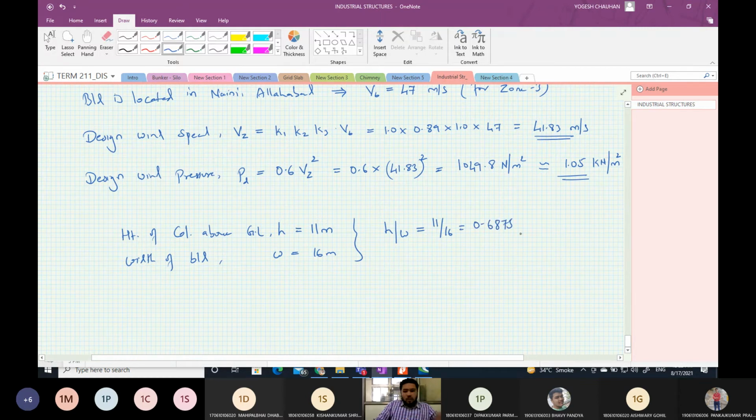So here H by W is lying between 1 by 2 to 3 by 2.